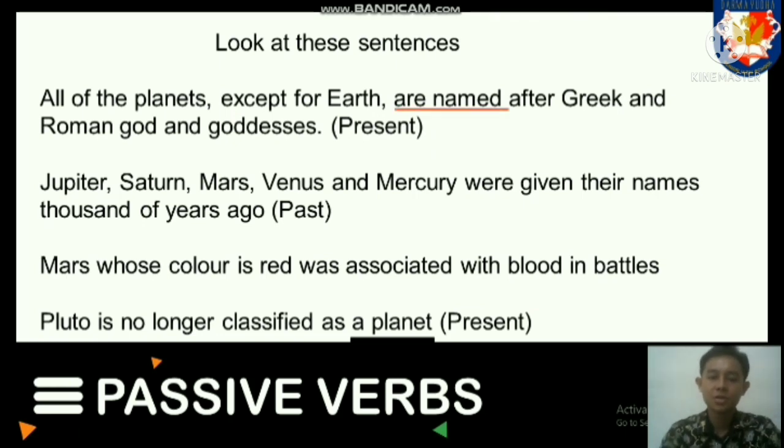Yeah. So the first sentence here is actually present simple, the passive form, because if it is present we have to use to be, right? To be is, am, and are, and after that we use the past participle. And the second one here, as you can see, guys, is were given. This is past tense and passive form.